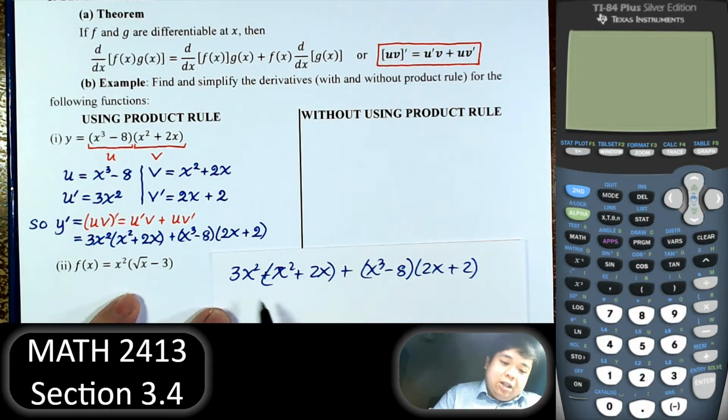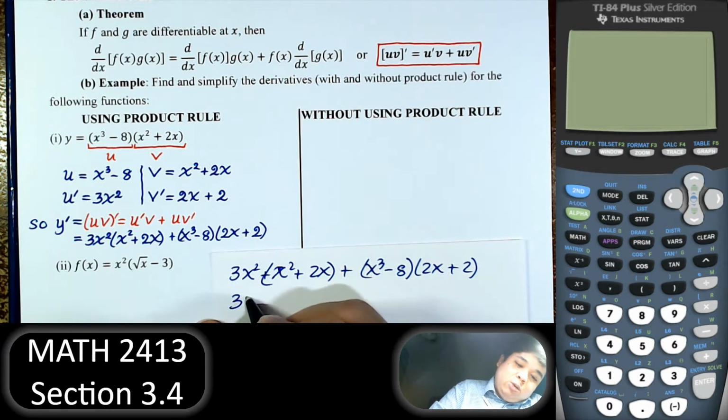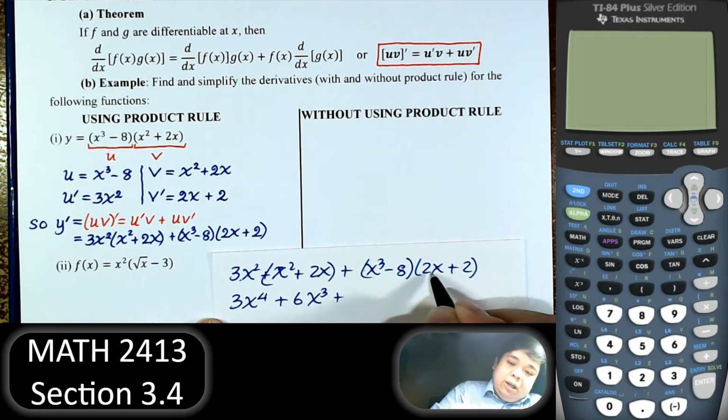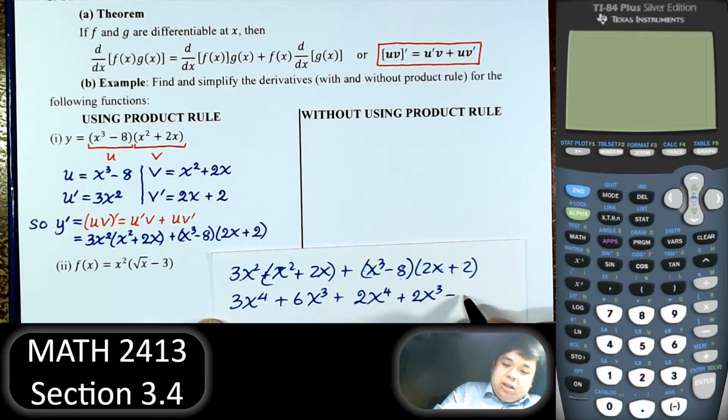If I multiply this out, I will have 3x to the 4th, 6x cubed, 2x to the 4th, minus 2x cubed, minus 16x, minus 16.